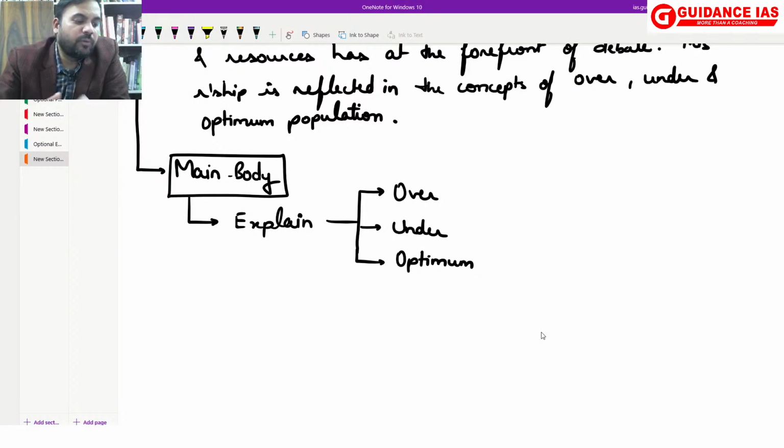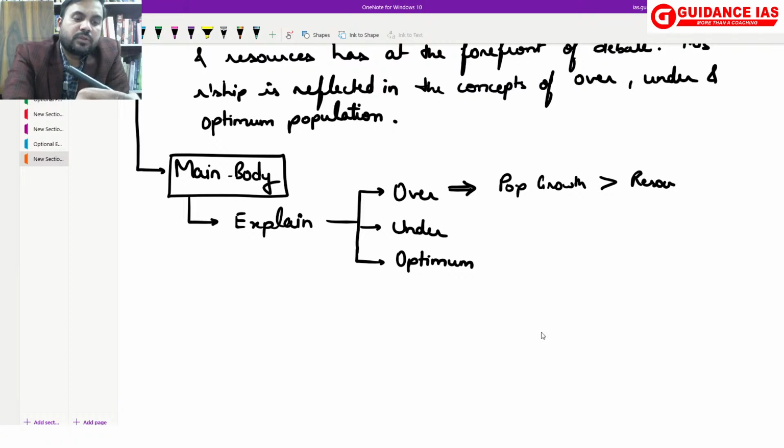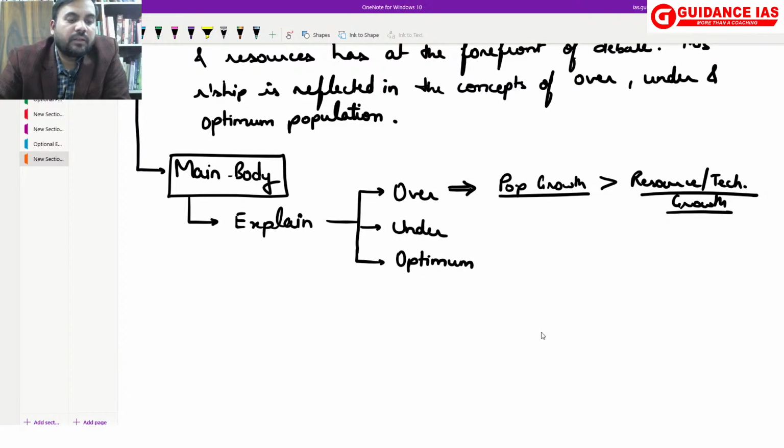So you know overpopulation क्या होता है? What is overpopulation? Overpopulation is a situation when the population growth is higher than the resource or technological growth.